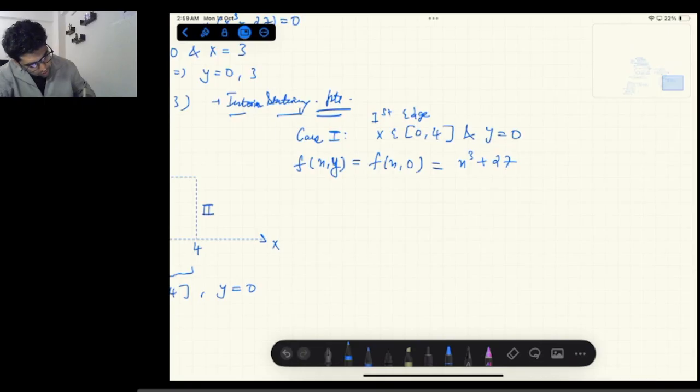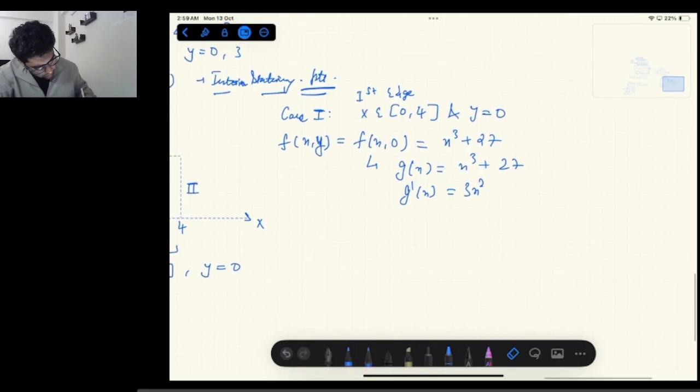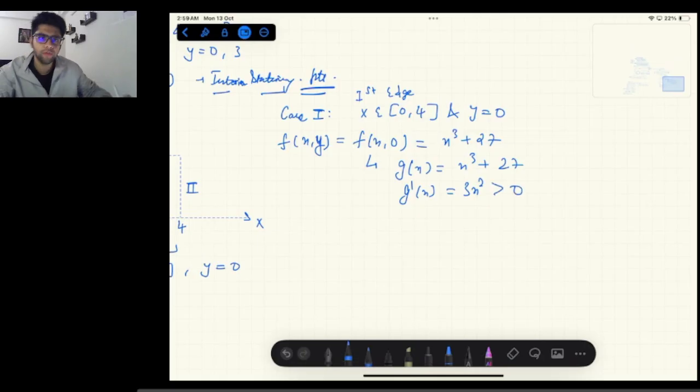I would be writing this as g of x. This becomes x cube plus 27. So g dash x is equal to 3x square, and 3x square means that this is an increasing function. The first derivative is positive, so this is an increasing function.